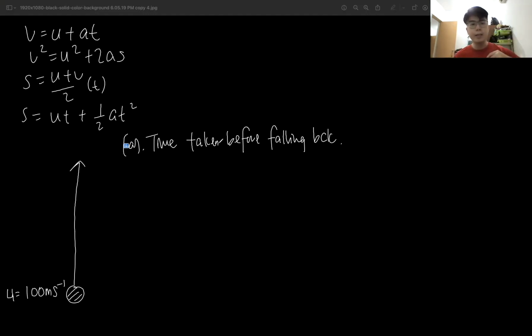Then I will consider the motion from the point where I throw it to the point before it turned backwards. You see, the ball comes to the top. To fall back down, right? It has to first stop momentarily.